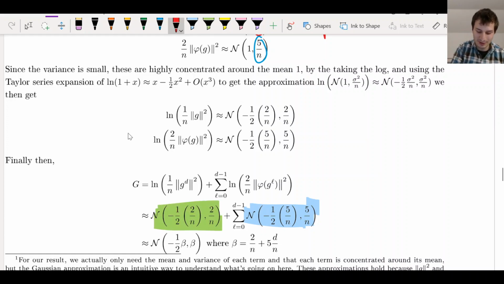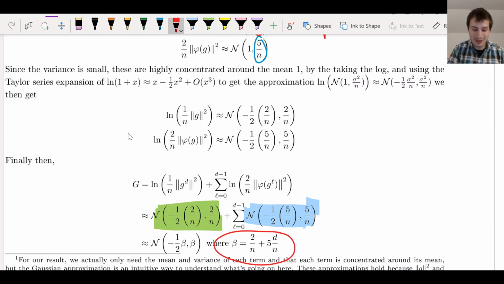And if you put those together, that is where this beta parameter, 2 over n plus 5D over n, comes from. So in the D layers, you get a 5. In the last layer, you get a 2. And each term has variance 1 over n, which is why the contributions are small but add up over D layers. So that's very roughly speaking the idea.